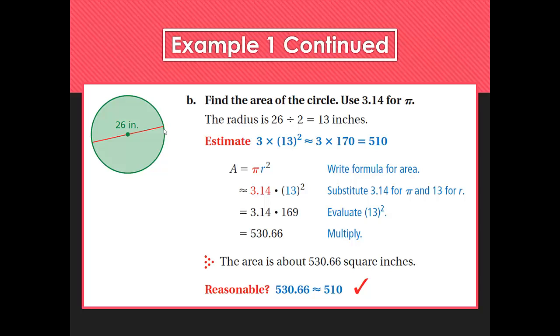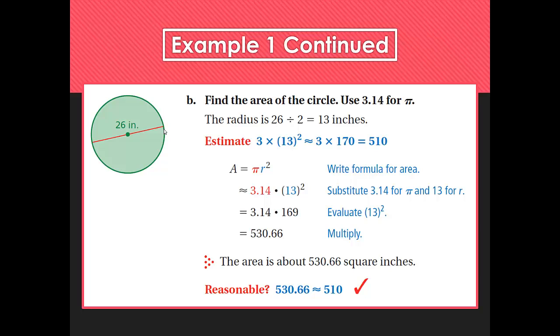So our estimate would be 3 times 13 squared, and that'd be approximately 3 times 170, which is 510. So our answer should be close to 510. So our area equals pi r squared, and for pi we're going to use 3.14, and then we're going to multiply that by 13 squared. 13 squared is 169, and 3.14 times 169 is 530 and 66 hundredths.